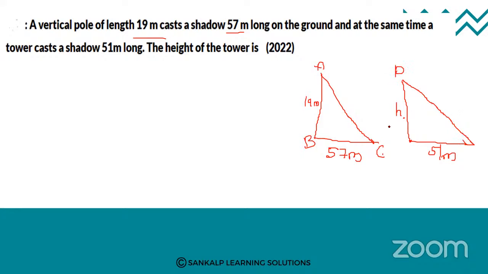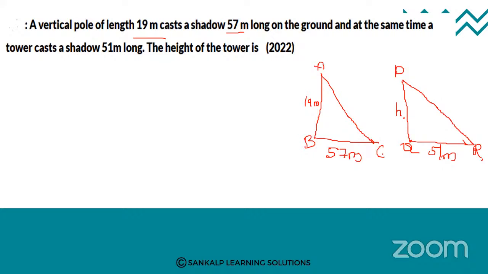Now call this PQR. Now AB and PQ are corresponding sides. BC and QR are corresponding sides. AC and PR are corresponding sides. Okay, we need to find out the height. Height of the tower is PQ. So PQ value we want.